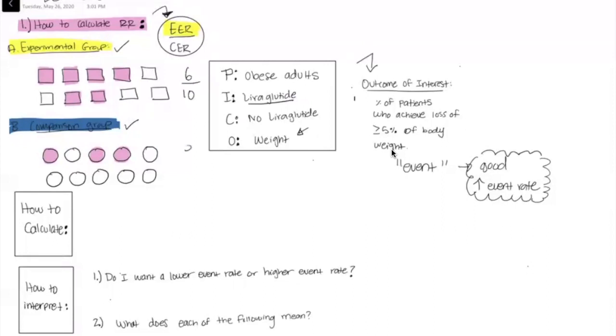So actually only 3 out of the 10 patients lost 5% of their body weight. So how would we calculate our risk ratio in this case? So our risk ratio is simply going to be our experimental event rate, which is 6 out of 10, divided by our comparison event rate, which is 3 out of 10. And so that's basically 6 divided by 3, so we get a risk ratio of 2.